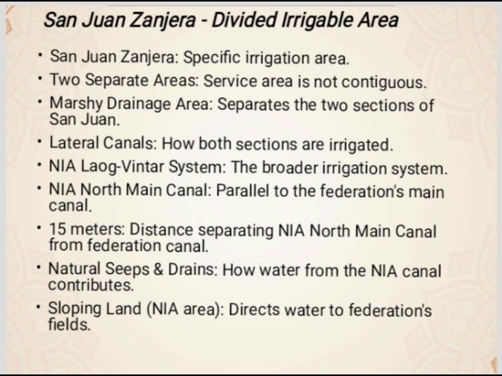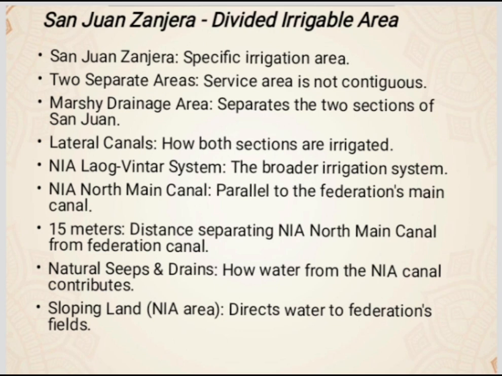Kumbaga, siya yung magsiserve as a key para maintindihan yung system design, layout, or yung system operation of an irrigation system, likely managed by a Federation of Zanzaras or local irrigation associations. It illustrates the main canals, lateral canals, and the boundaries of different Zanzaras, showing how water from the river reaches the irrigable land.